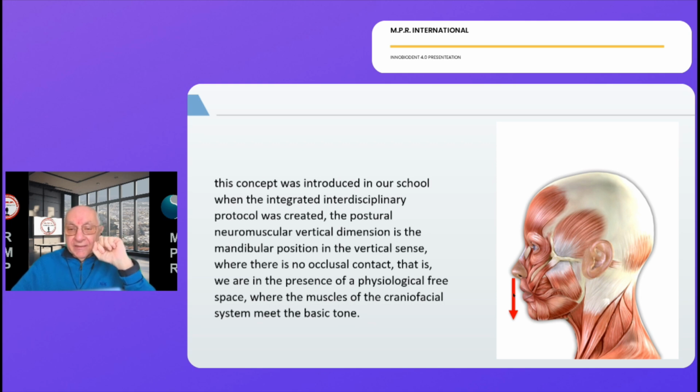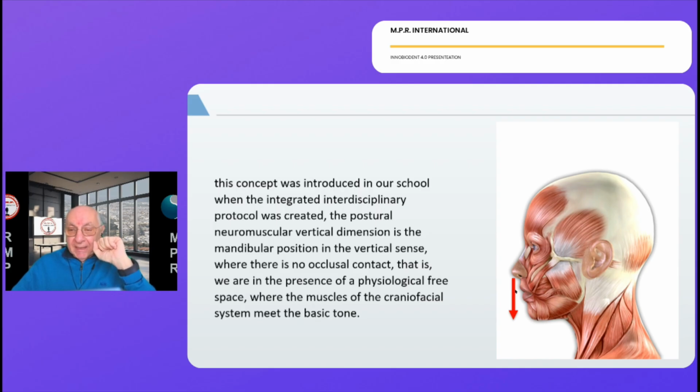In this space, the muscles of the craniofacial system reach their natural baseline tonus, free from external dental interferences. This state allows the mandible to remain in a position of neuromuscular balance, minimizing the stress on the temporomandibular joints and promoting harmony within the tonic postural system.